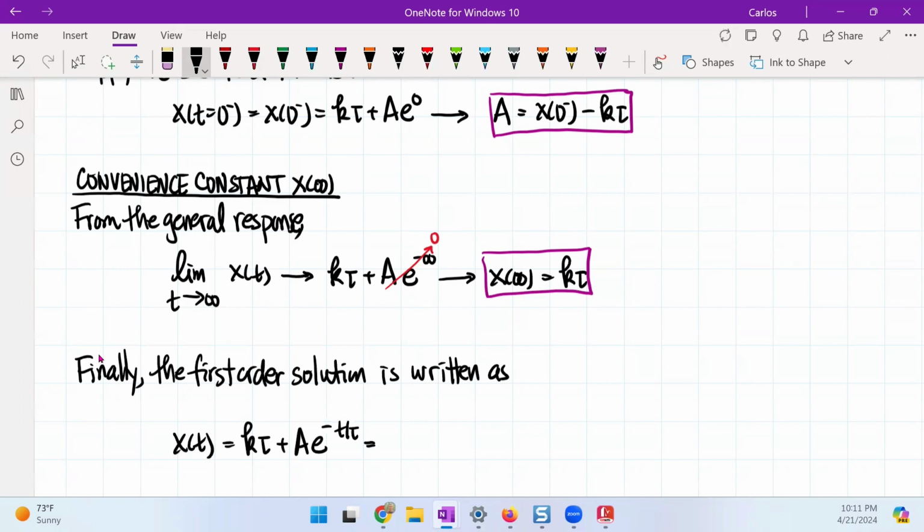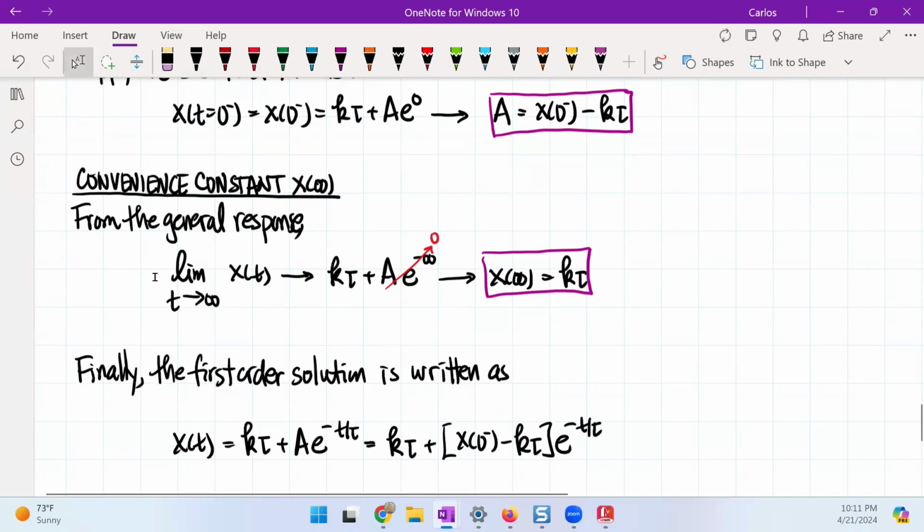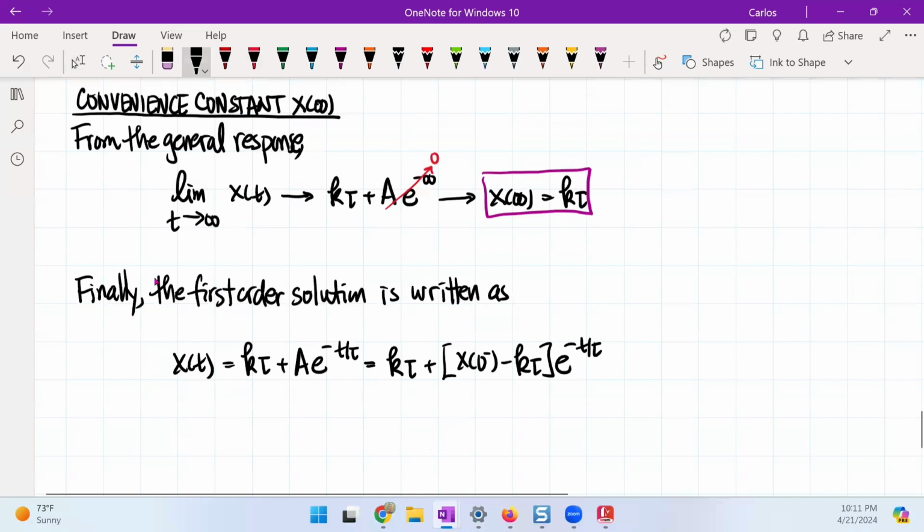And if I plug in my A constant, I'm going to get k tau plus the quantity x of 0 minus k tau times e to the minus t over tau. But k tau is x infinity.